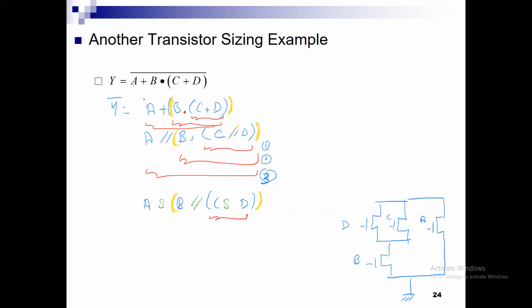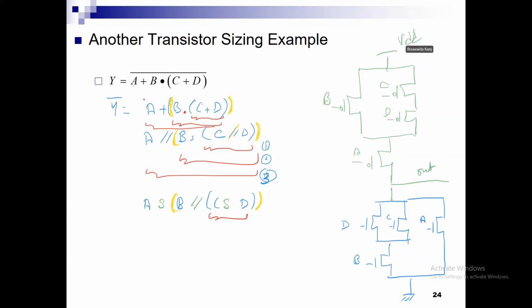So first I start with C in series with D, and then these are in parallel with B, and all of these are in series with A, and this will be connected to the common output, and will connect this output to VDD when on.